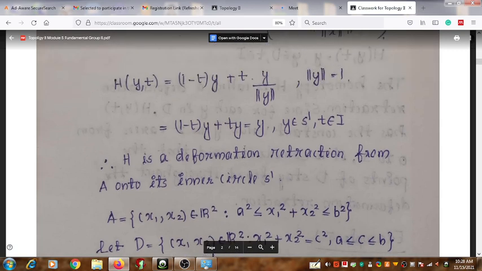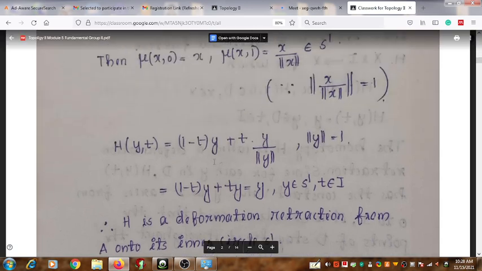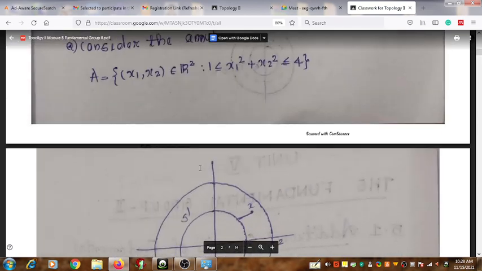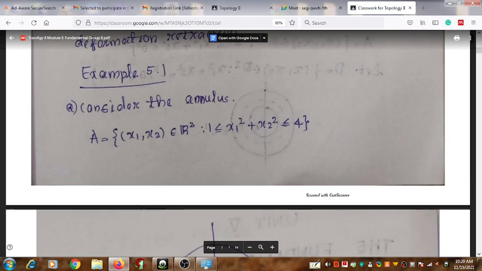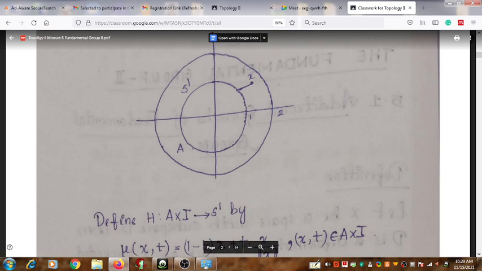But it's the general situation. Here we have verified it in the case of the example mentioned, where S1 acts as the subspace of the annulus.